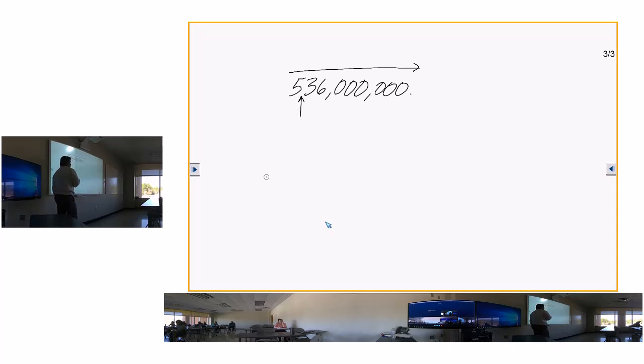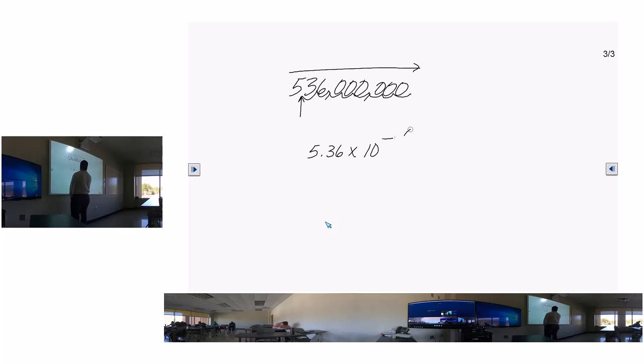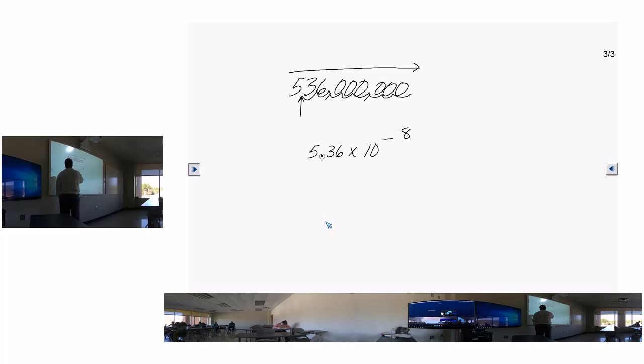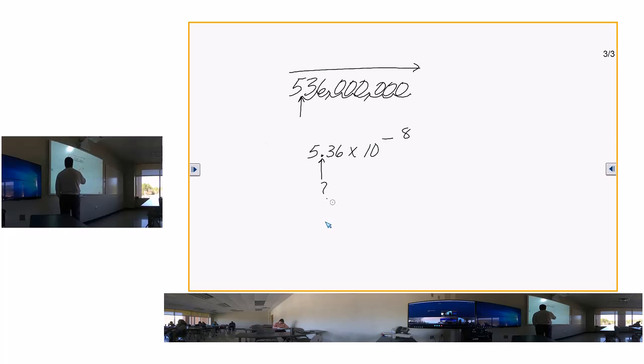That's where we're going to put it. 1, 2, 3, 4, 5, 6, 7, 8. 5.36 times 10 to the blank 8th power. Which way in our head do we move this decimal to get the way it looks in the original? To the right. And that's your answer.